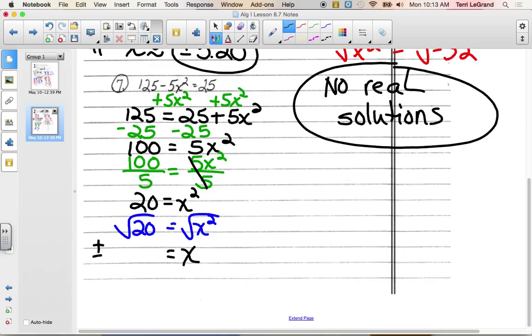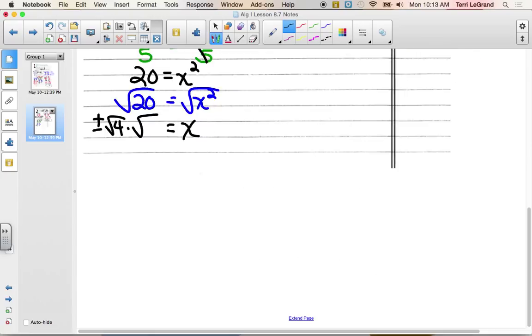So we're going to divide this up into the square root of 4 times the square root of what? 4 times what is 20? 5. So I'm going to go over here, and I'm going to say that the exact answer is a positive or negative what? 2 times the square root of 5, or in other words, we can just write them beside each other like that, 2 radical 5.